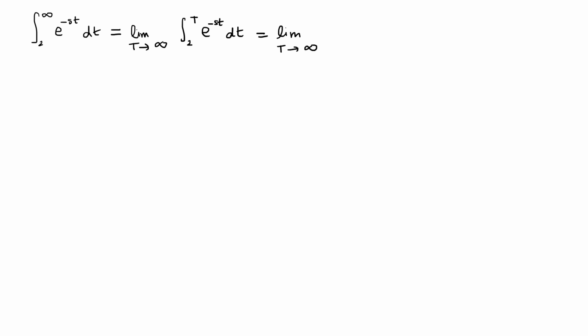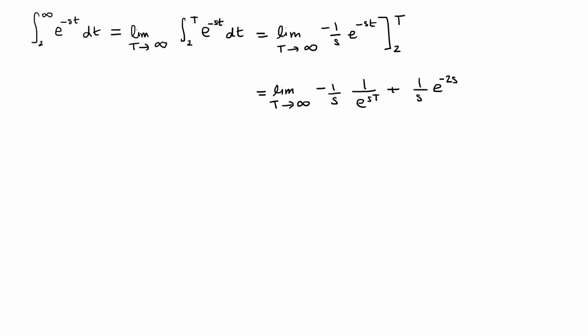Again, you can use variable substitution here, or this one you might feel comfortable doing in your head. And then we're going to be evaluating at 2 and at capital T. So we've got the limit as t goes to infinity of negative 1 over s, and I like to rewrite this as 1 over e to the s capital T, minus minus or plus 1 over s e to the negative 2s.